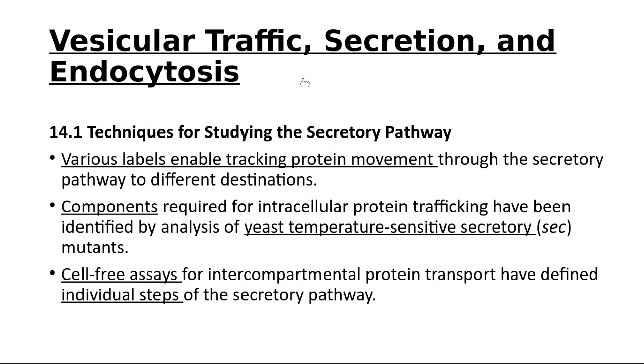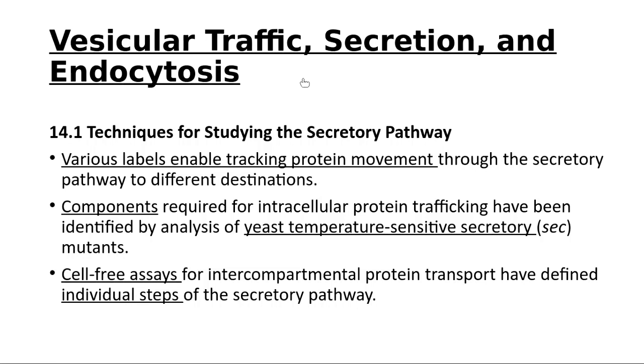Secretory proteins get inside the endoplasmic reticulum, get modified or folded there, and then go to the Golgi network, and from there they have two options: either get secreted on the plasma membrane or outside, or go to the lysosome. Today we'll be discussing how proteins get transported through this secretory pathway.